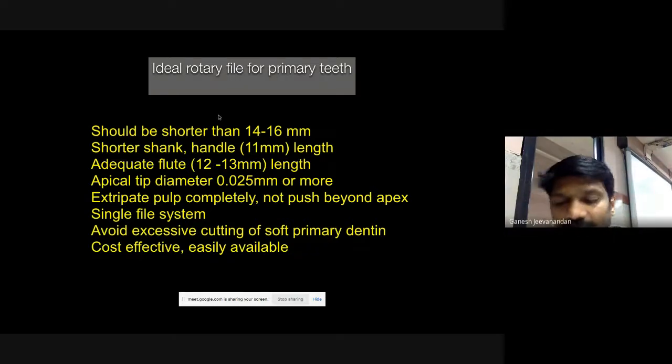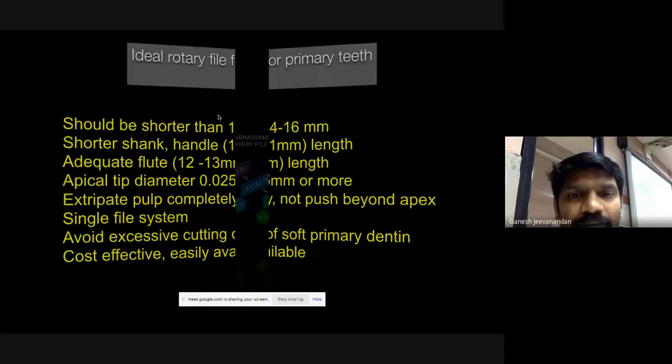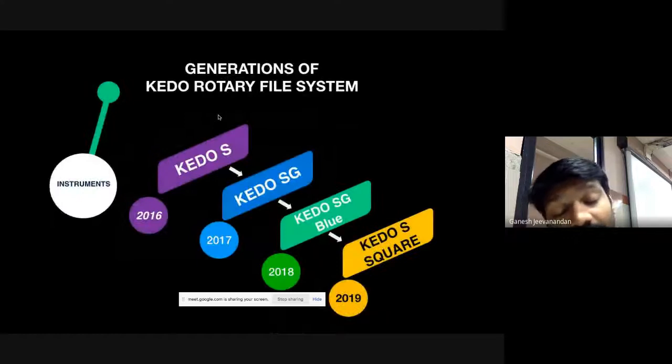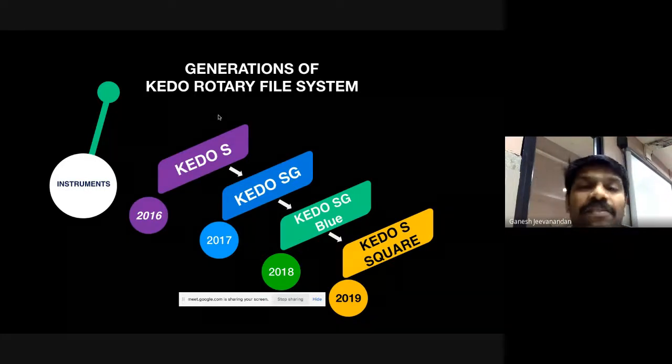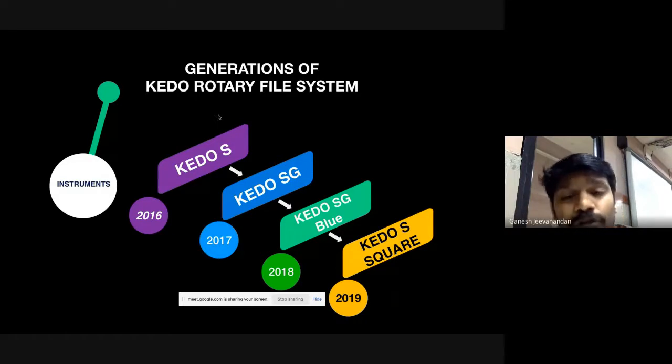With all this in mind, we designed a rotary file and launched the world's first rotary file for primary teeth in 2016, which we call Kido S. In 2017, we improved it and brought the next generation, Kido SG. In 2018, we improved the properties of Kido S and SG and launched Kido SG Blue.